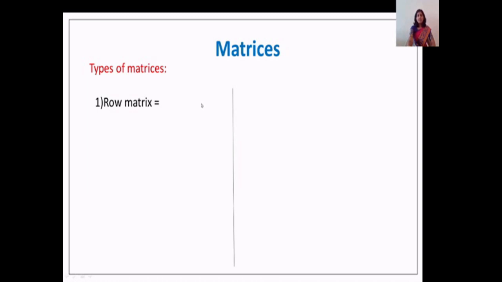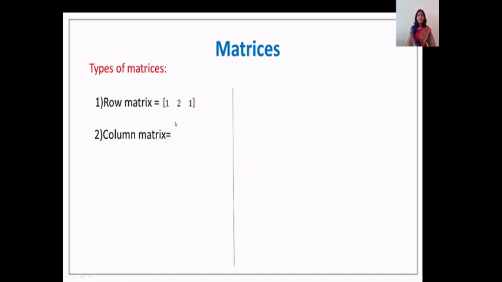A matrix that has a single row is called a row matrix. For example, this matrix has a single row. Its order is 1 by 3 because it has 1 row and 3 columns.